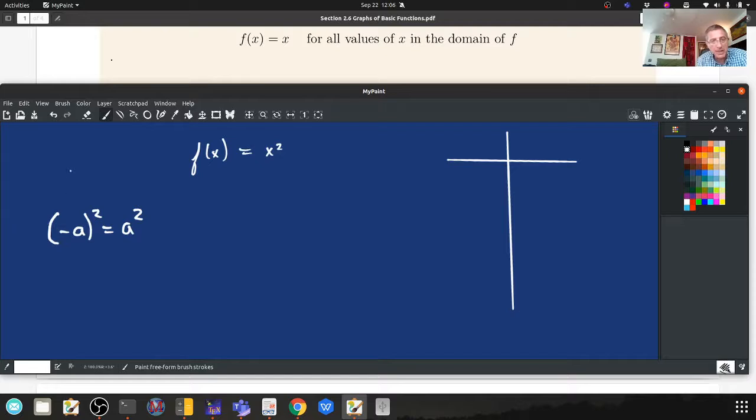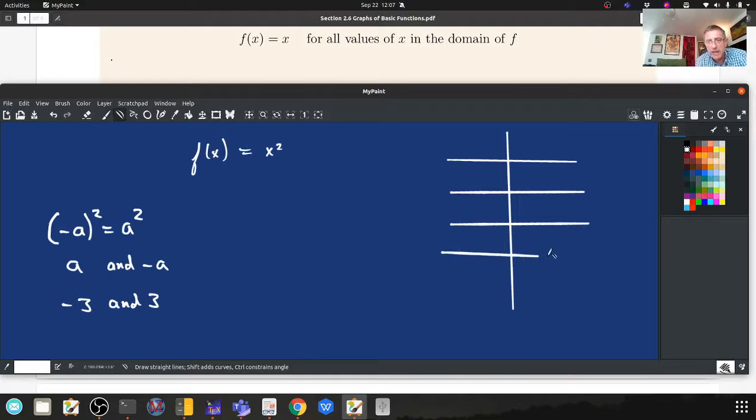But this means that for two different inputs, a and minus a, or for example, minus 3 and 3, the output's going to be the same. So when that is the case, I always want to use that knowledge in graphing, because I get a 2 for 1 for my inputs. And it's also true that my output is always going to be greater than or equal to 0.